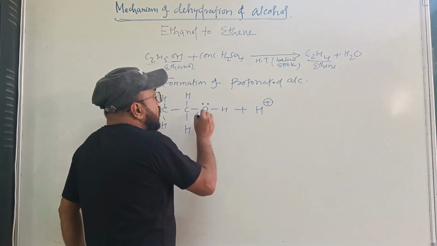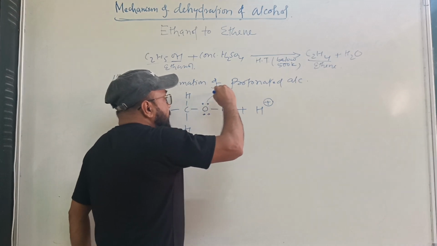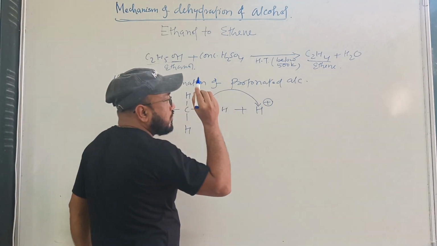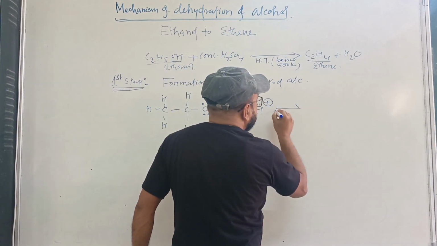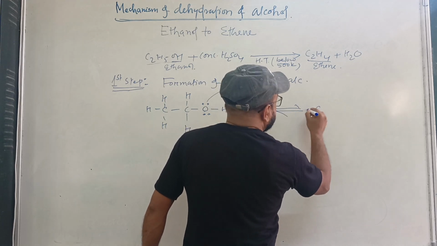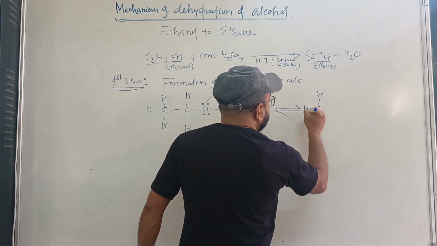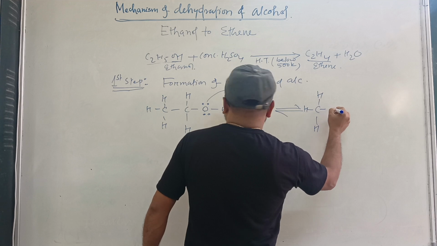As a result, the oxygen atom donates 1 pair of electrons to the proton. The result is protonated alcohol.